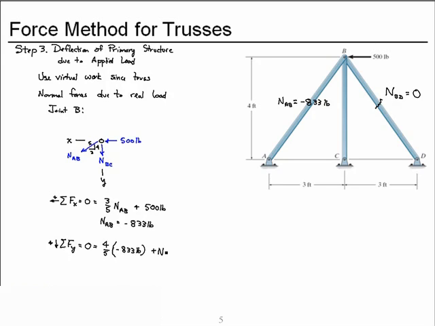And we get a positive contribution from member BC. If I solve for the force in member BC, I get a positive 667 pounds. So it is in tension.